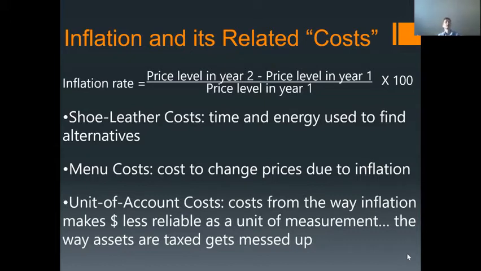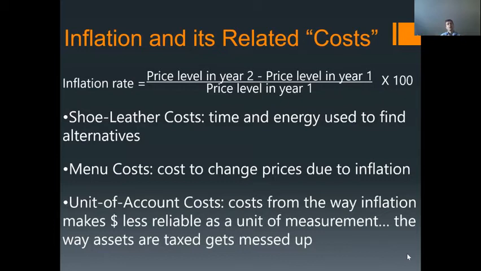And unit of account costs. This is really what matters: the way inflation makes money less valuable as a unit of measurement. If you use money to measure the value of different goods, as you have inflation going on, the measure of my goods versus goods from another country is going to become messed up, because my good hasn't changed, the other country's good hasn't changed, but my inflation has gone up.